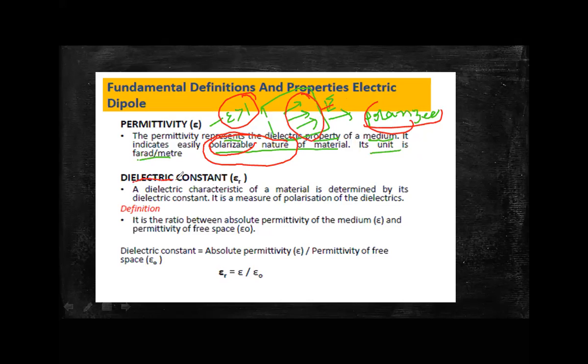The dielectric constant of the material is a measure of the polarization. It's kind of a capacity of polarization. So the dielectric constant tells you how much polarized, how many dipoles are aligned in the field direction. What is the capacity of the polarization? That can be told by the dielectric constant.